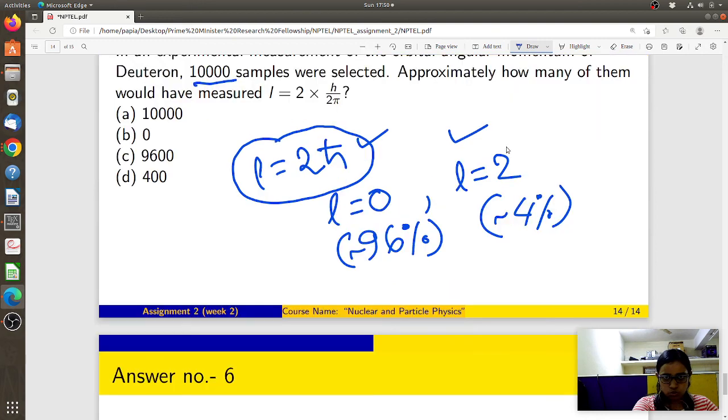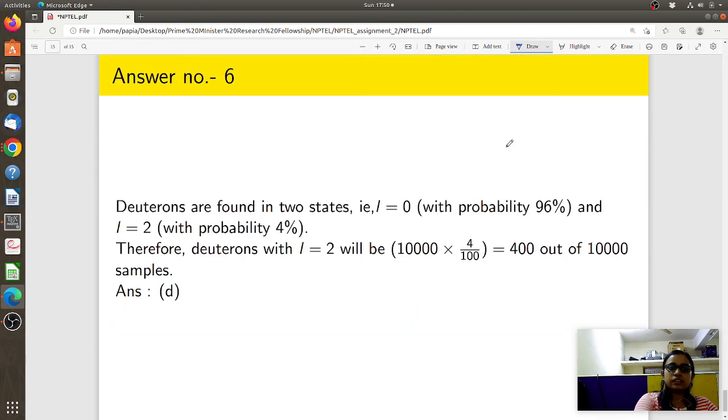Here I have mentioned that the deuteron is found in two states: L equals 0 with probability 96% and L equals 2 with probability 4%. Therefore, deuterons with L equals 2 will be 10,000 times 4 by 100, that means 400 out of 10,000 samples. So the answer is 400.